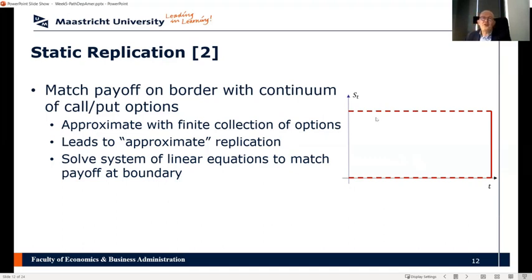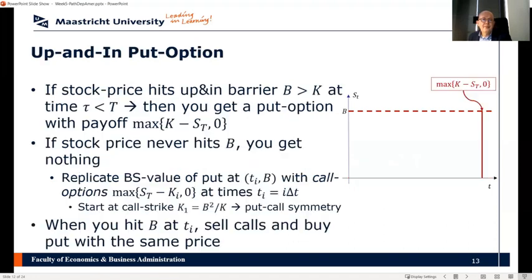And if I choose these discrete points in time sufficiently close together, then I am approximating getting the payoff right on the continuum. So you are making a small discretization approximation, but what you gain with this is that you express your exotic contract in terms of a portfolio of vanilla options that are traded in the markets.